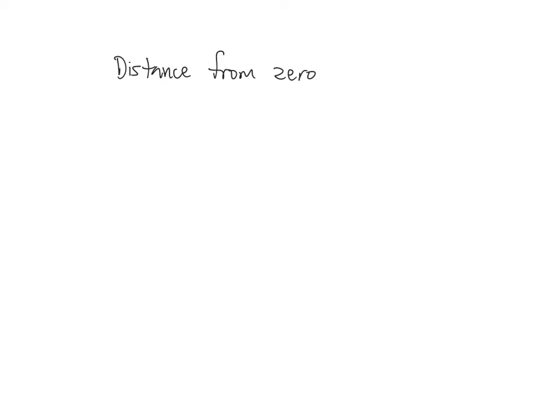You cannot walk negative 5 feet. If you walked 5 feet backwards, you didn't walk negative 5 feet, you walked 5 feet backwards. If you got into a car and drove backwards 30 feet, coming out of a driveway or something, you didn't drive negative 30 feet. You drove 30 feet backwards.